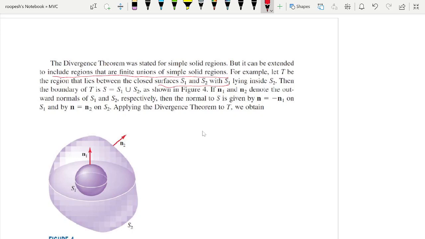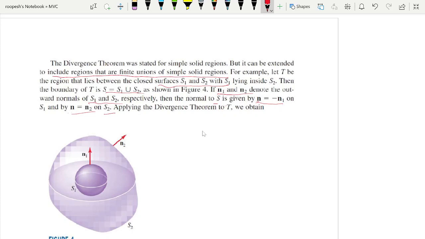We can calculate this by taking S equal to S1 union S2. Now, if N1 and N2 denote the outward normals of S1 and S2, then the normal to S is given by N equal to minus N1 on S1 and by N equal to N2 on S2.